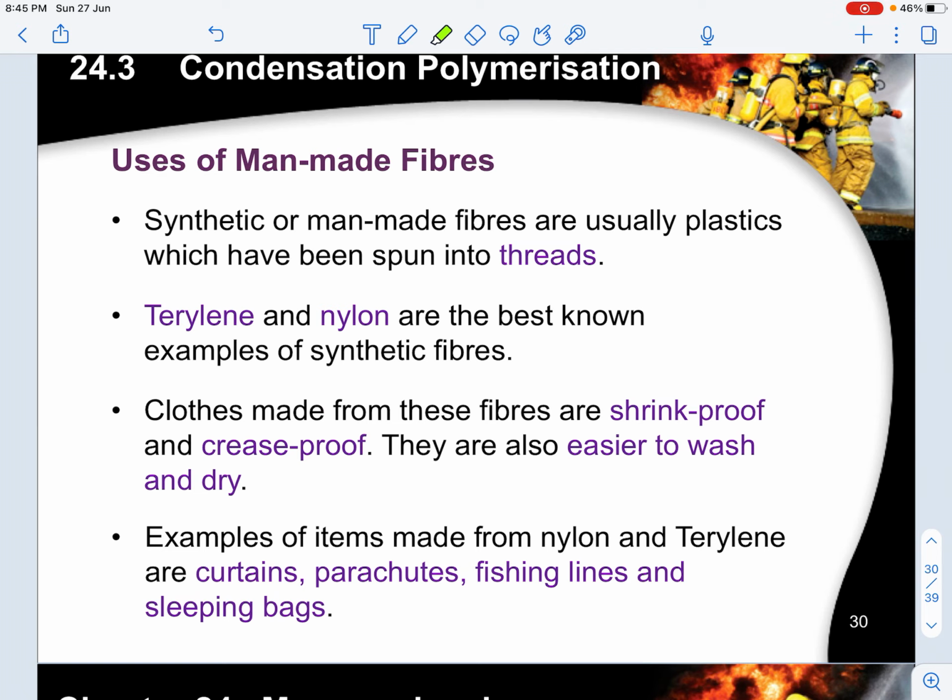Clothes can also be made from these fibers, as they are stain proof and crease proof, meaning they won't crumple, forming lines, and they are easy to wash because they tend to be waterproof. Examples of items made from nylon and terylene are curtains, parachutes, fishing lines, and sleeping bags.